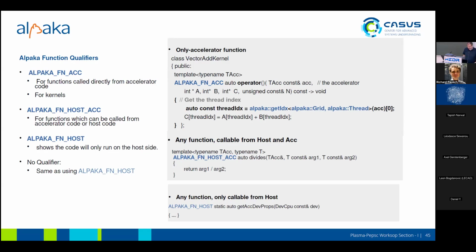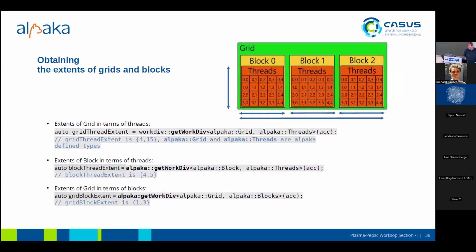And if we use the alpaka function host qualifier, then it means the code will only run on the host side. If no qualifier is used, it is the same as using alpaka function host. These function qualifiers are used by alpaka to differentiate between ACC and host code. Someone who is familiar with CUDA would easily understand the meanings of these qualifiers, I think.